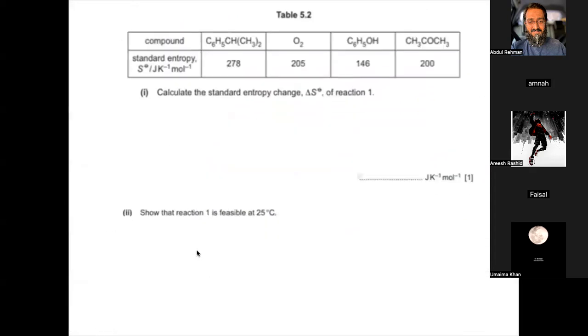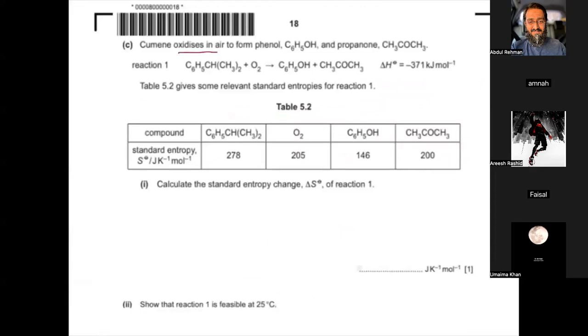Now, cumene oxidizes in air to form phenol and propanone. Reaction 1, the enthalpy change is this. Okay. Table 5.2 gives some relevant standard entropies of reaction 1. Calculate the standard entropy change.